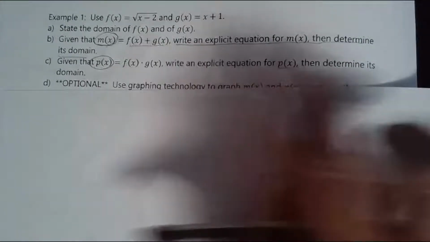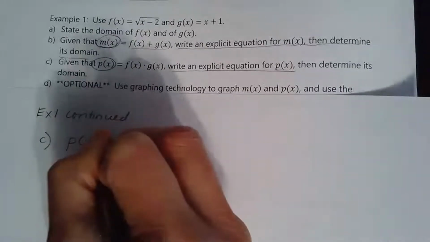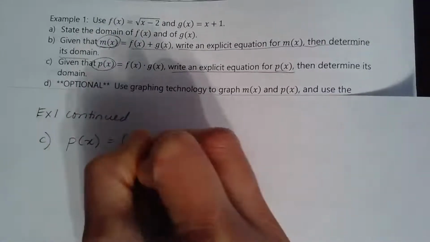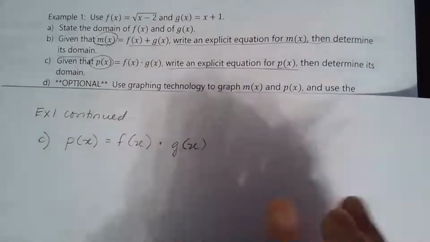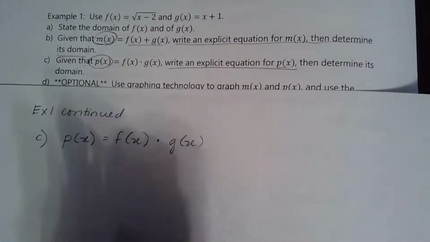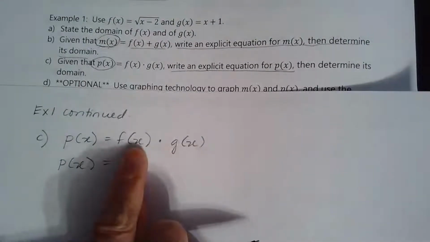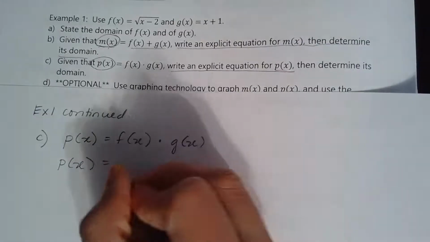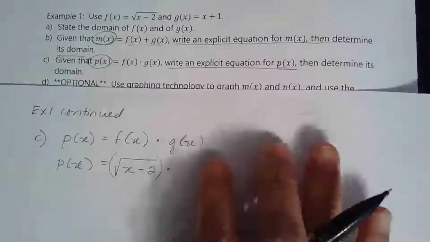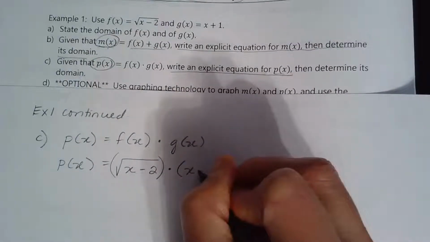So the new function P of x is equal to f of x times g of x. Well, f of x we know is the square root of x minus 2, times g of x. G of x is x plus 1.